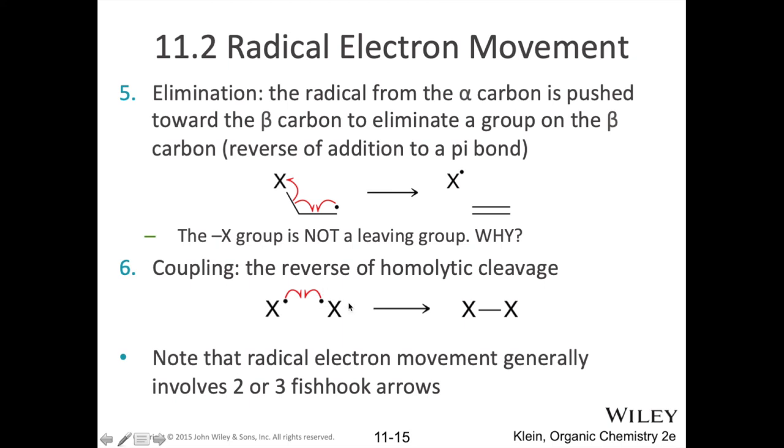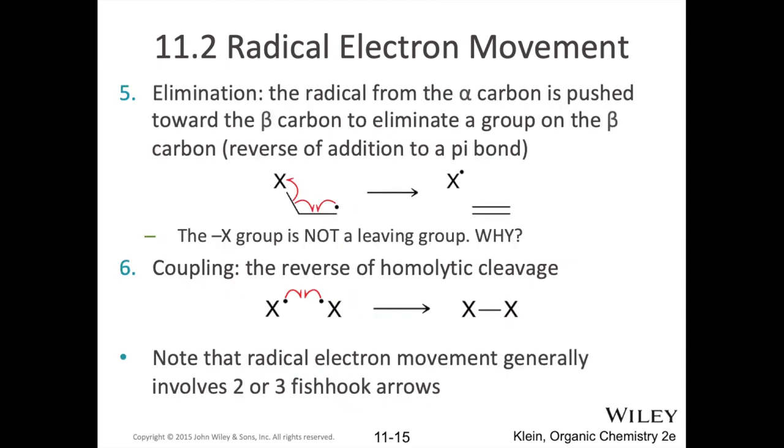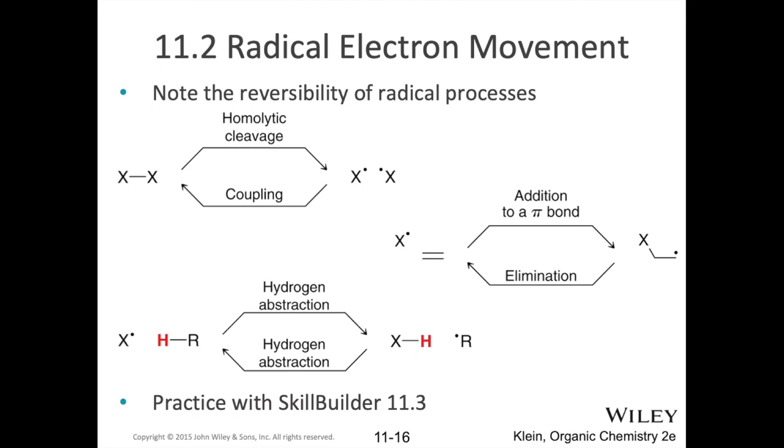All right, so unlike our regular double barbed arrows, where a lot of the mechanistic steps involved just one arrow moving, or at most two arrows moving, here we're going to have 2 or 3 fish hooks moving around. Okay, so you're never going to find just one fish hook typically in these mechanistic steps. All right, so watch out for that.